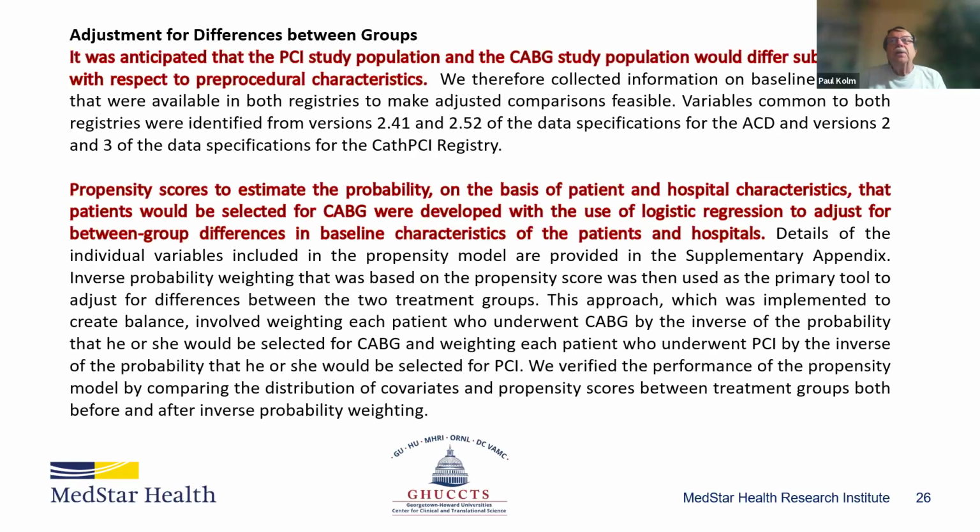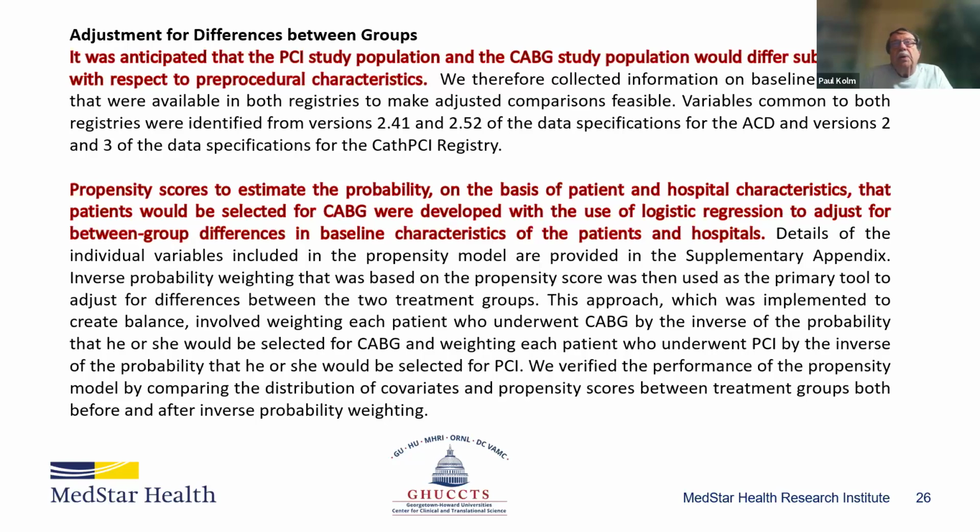So obviously the patient characteristics could be really different between these two populations. And so what we're going to do is compute propensity scores and then use the inverse of that to get inverse probability weighting. And these are just excerpted from the paper's methods section.